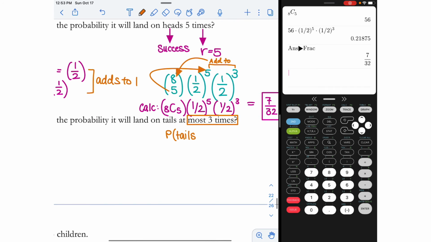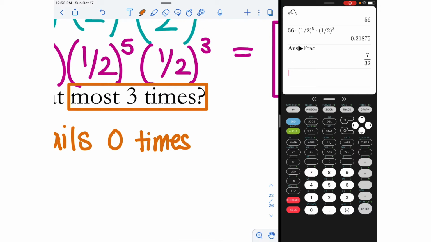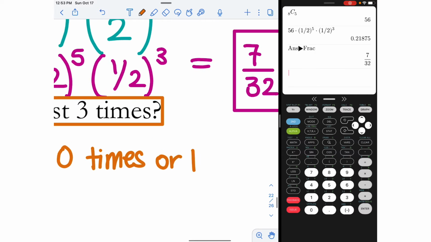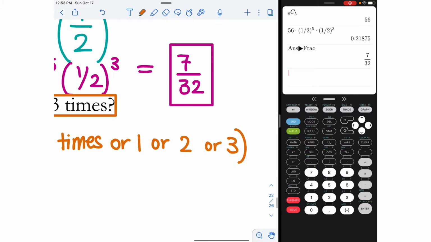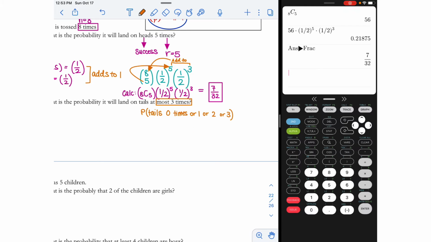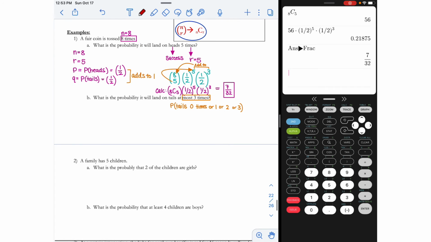It means 0 times, or 1 time, or 2 times, or 3 times. That's what at most 3 means. 0, 1, 2, or 3. So this is actually a binomial theorem problem, but we have to do the binomial theorem 1, 2, 3, 4 times. So this is a crazy, crazy problem, but I'm doing it on the video so that you guys can see what you're supposed to do.